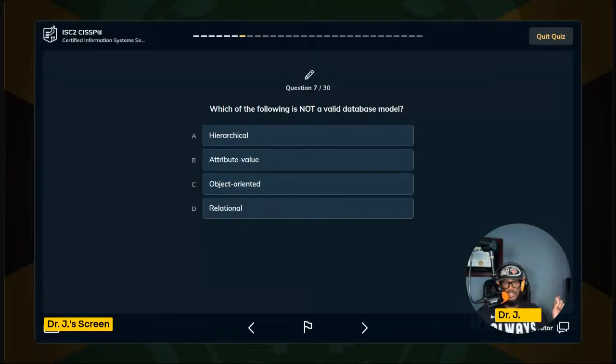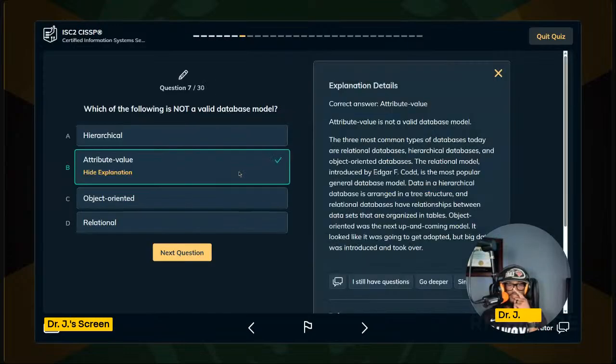Which of the following is not a valid database? Object oriented. I think I have to go with Bravo. Yeah. Okay.